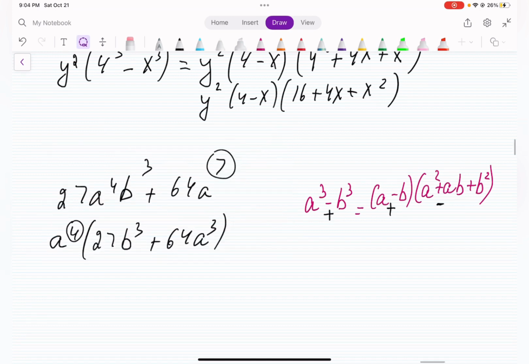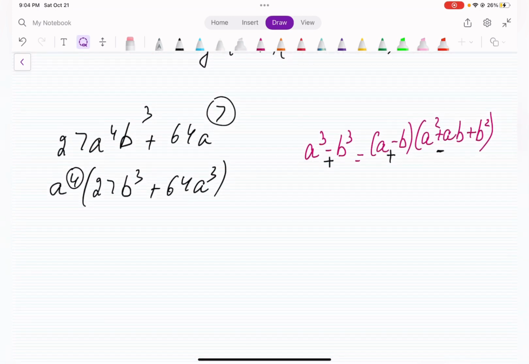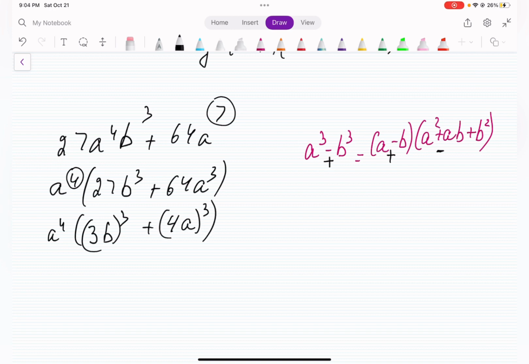There. And what do we have here? We have a to 4. 27 can be 3 cubed, right? 3b to power 3 plus 64 is 4 cubed, 4a to power 3, right?